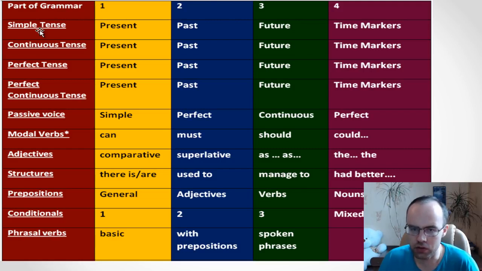First of all, you need to learn English with tenses, and the first group of tenses is simple. You need to know present simple, past simple, and future simple.